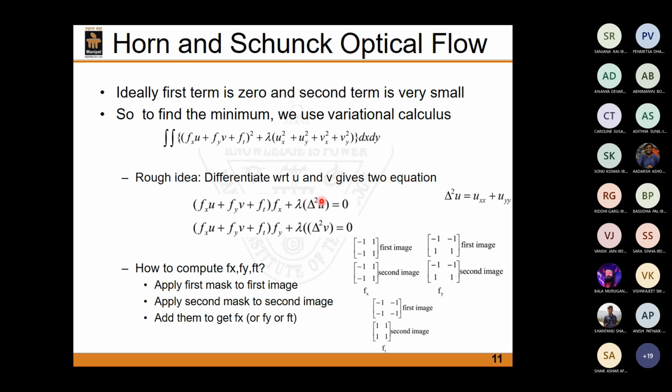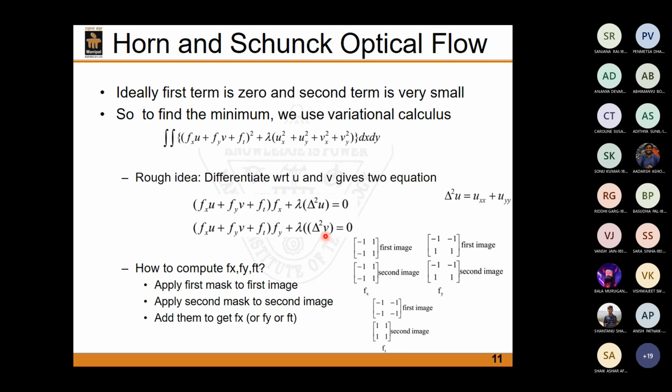Now, given these two equations, we are trying to find u and v. In order to find u and v, we need to know the quantities fx, fy, ft, and del square u for the first equation, and for the second equation we need to know del square v too.